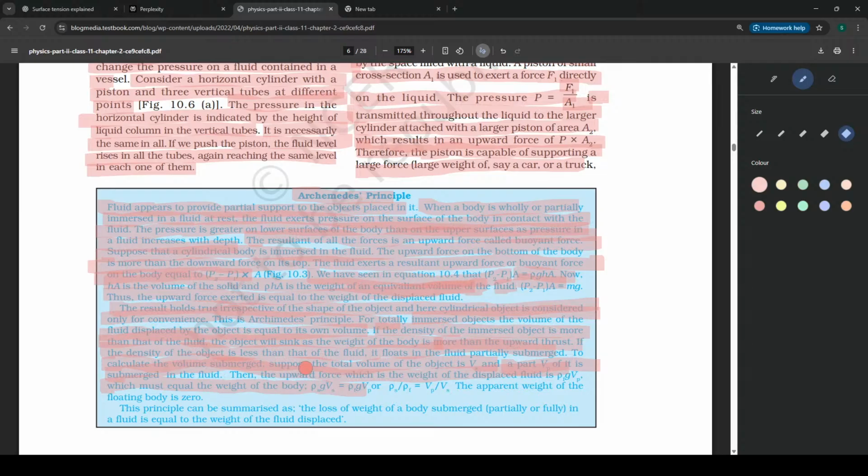Rho s Vs g is the weight of the body, and rho f g Vp is the weight of the displaced fluid. Simply shifting it, we get this equation. The apparent weight of the floating body is 0. The principle can be summarized as: the loss of weight of a body submerged partially or fully in a fluid is equal to the weight of the fluid displaced.